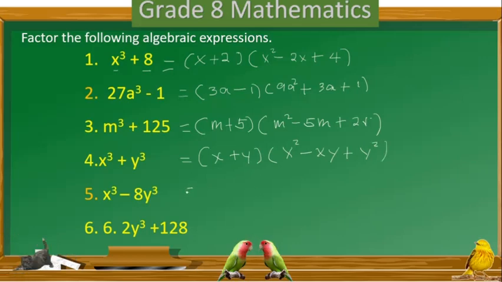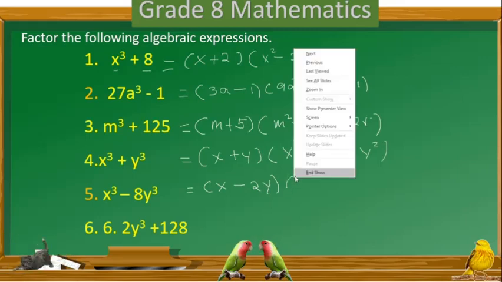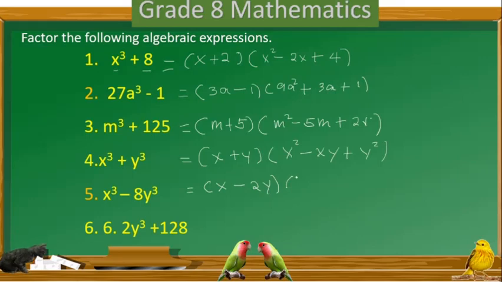Then for the fifth, we have x cubed plus 8y cubed. Then we have to look for the cube root of the first term, this is x. Copy the sign. Then the cube root of 8 is 2. Then y cubed is y. Next, square the first term, so x squared.